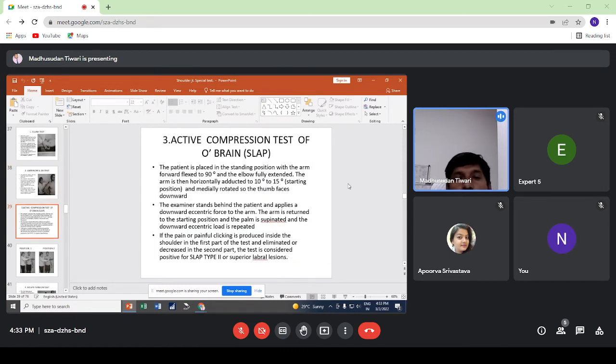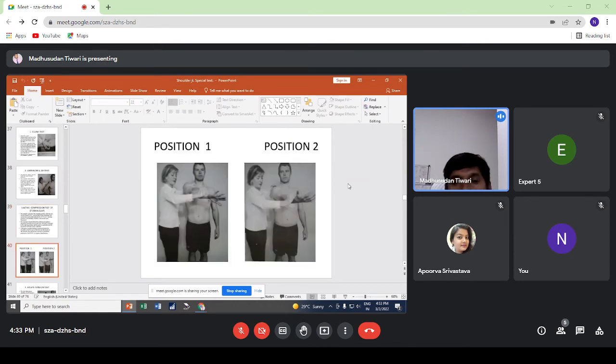Third is the active compression test. For the SLAP lesion, the patient is placed in a standing position.